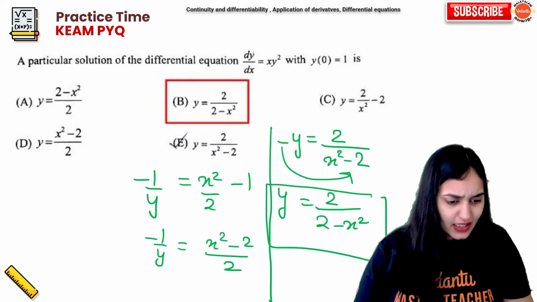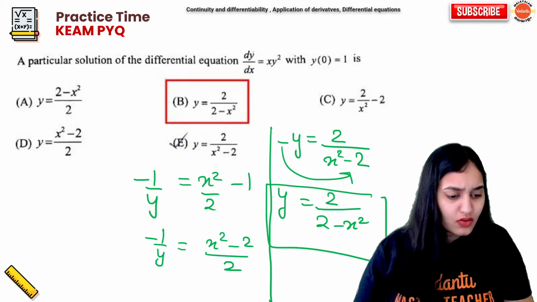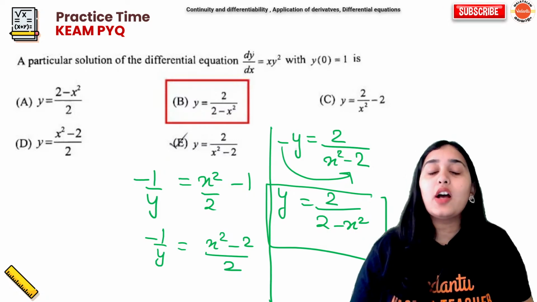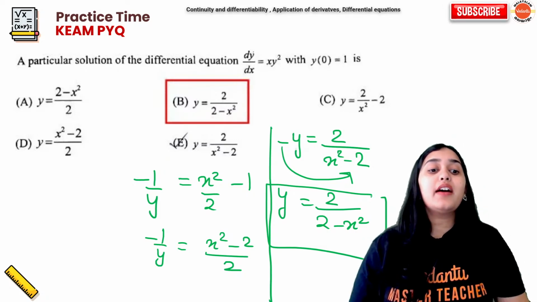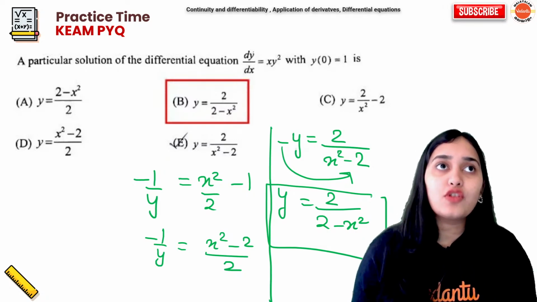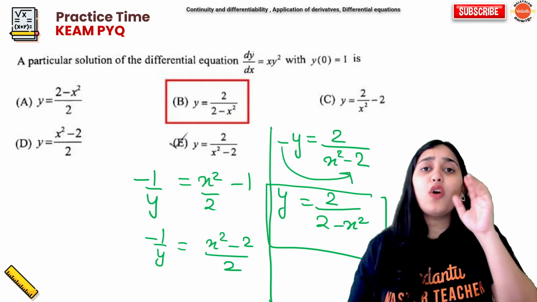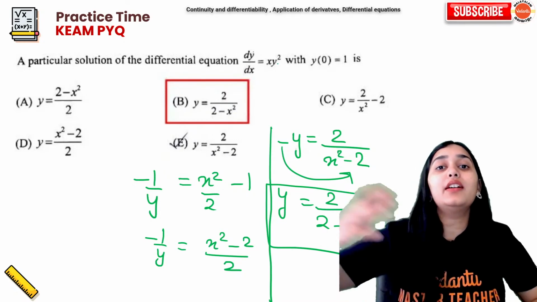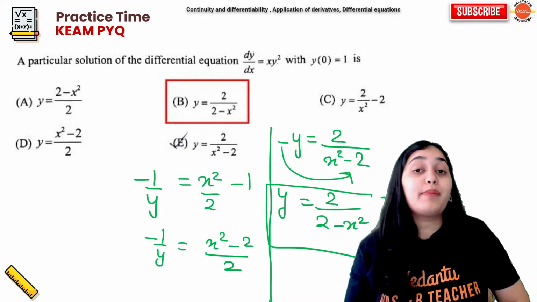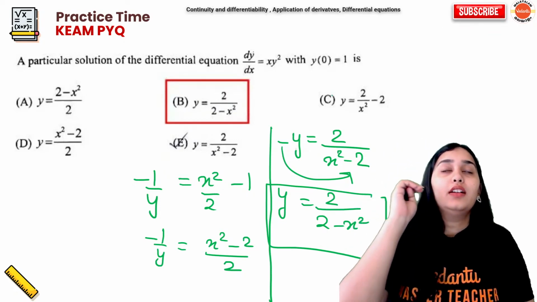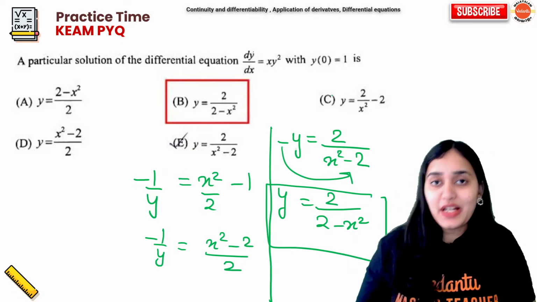Ma'am, why does the integration of 1 upon y square not have a constant? Because Nihal, when you are finding the solution of a differential equation, we only put the constant on the right hand side with respect to our independent variable.